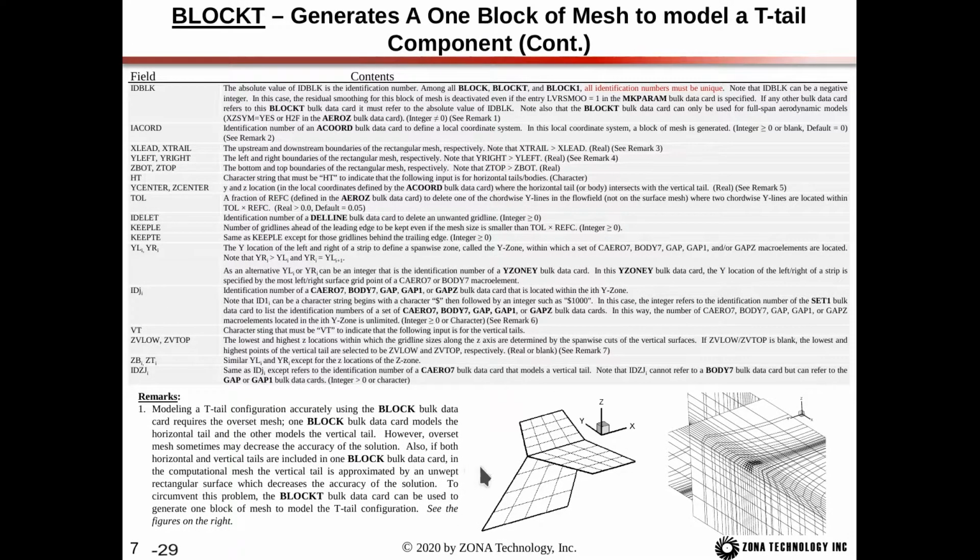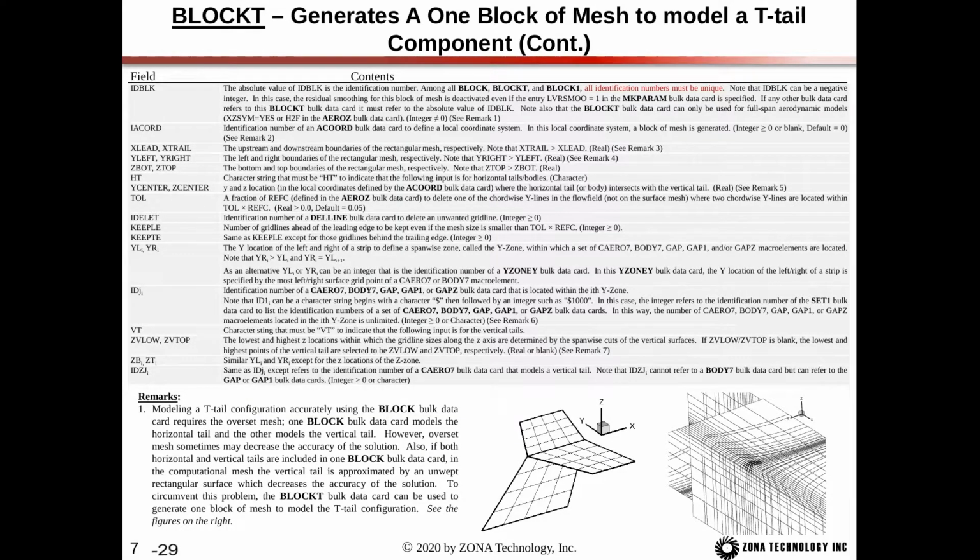Okay, let's look at remark 1 here. Modeling a T-tail configuration accurately using the block bulk data card requires the overset mesh. So we have one block card which models the horizontal tail, and the other block models the vertical tail. So then you're going to rely on the overset scheme. However, the overset mesh sometimes may decrease the accuracy of the solution.